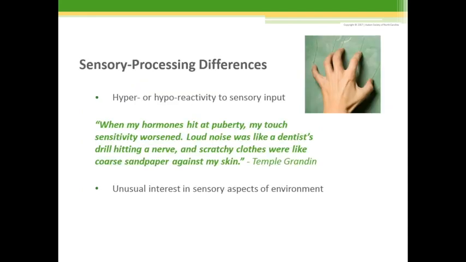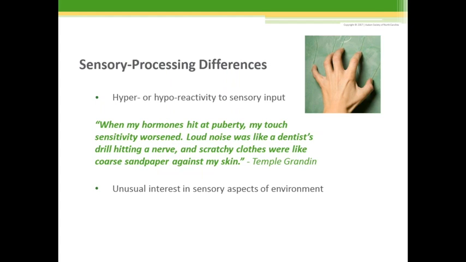We also see differences in sensory processing for some with autism. This can come in a lot of different formats, but what we often tend to see is either hyper or hypo reactivity to sensory input. And within the same person, one might be hypersensitive to certain sensory stimuli and might be hypo-reactive to others. I'm going to talk a little bit about what I mean by that.